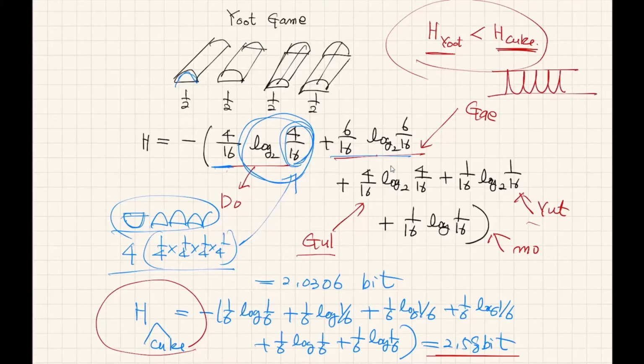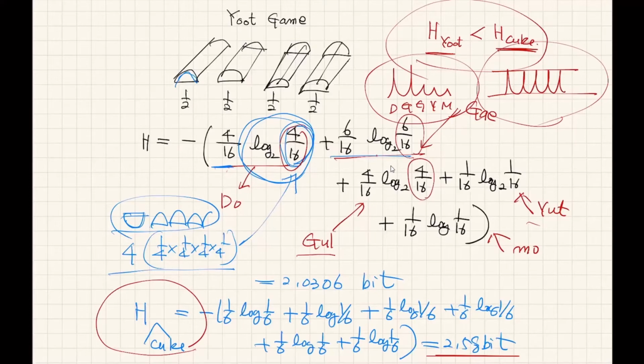But in the Yut game, do, ge, geol, yut, mo have a different distribution. You can imagine that the probability of do is 4 over 16, ge is 6 over 16, geol is 4 over 16, yut is 1 over 16, mo is 1 over 16. So the 5 cases are all different.